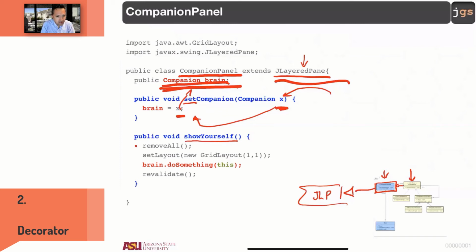Clean the screen. When you call the method remove all in a panel, what you do is delete everything that the panel has. Why? Because if I am showing you something, a person with some particular decoration, what I want to do is delete that because a new one can be set.